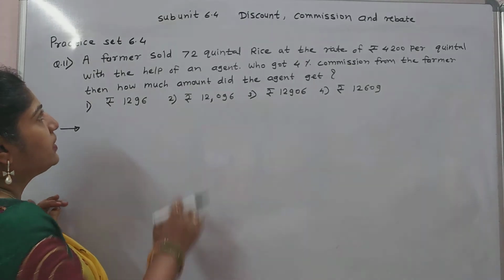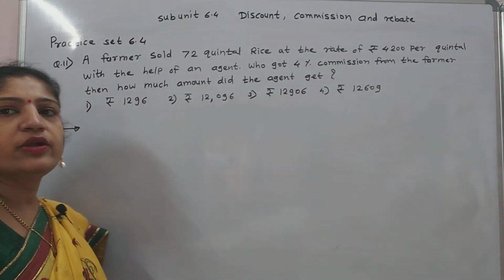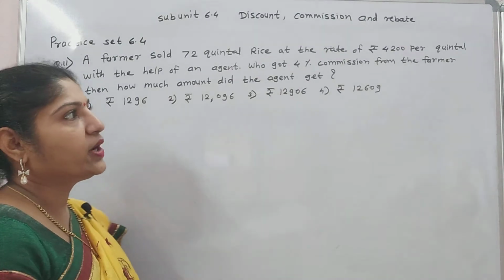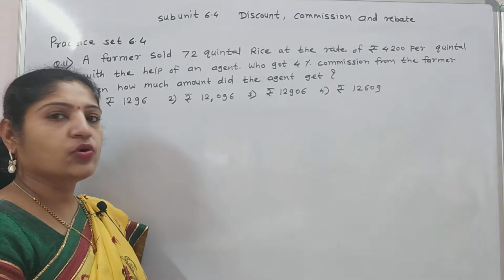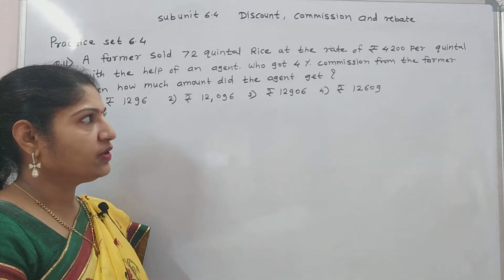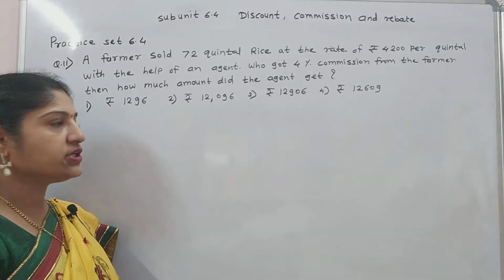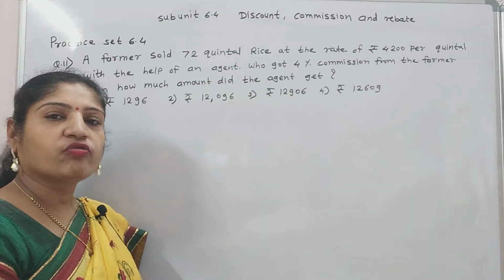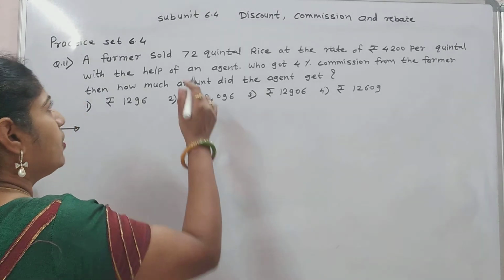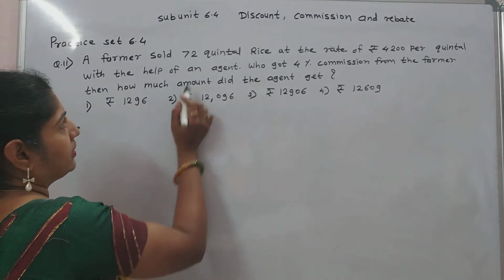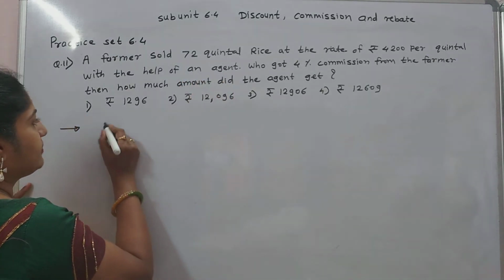Next question. A farmer sold 72 quintal rice at the rate of rupees 4,200 per quintal with the help of an agent who got 4% commission from the farmer. Then how much amount does the agent get? That is, we have to find the total commission. Now first find the selling price of the 72 quintal rice.